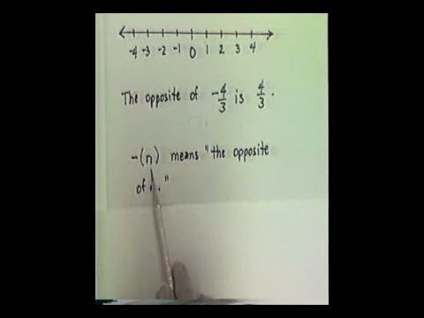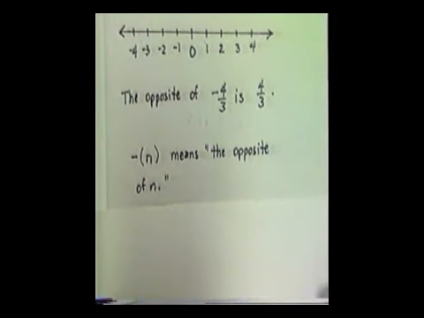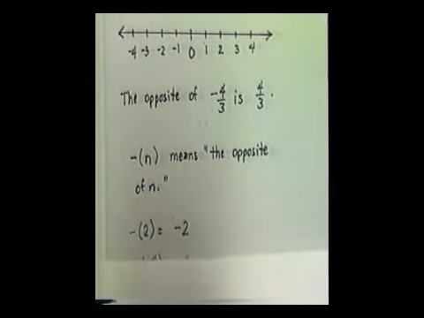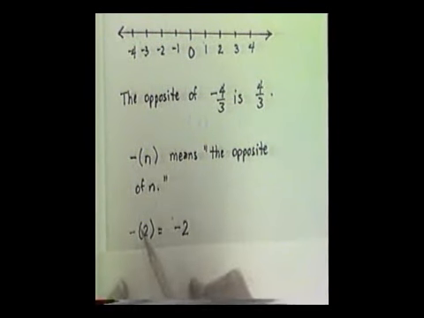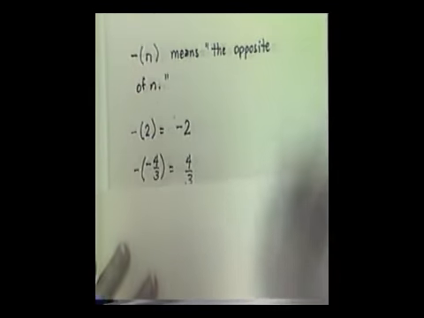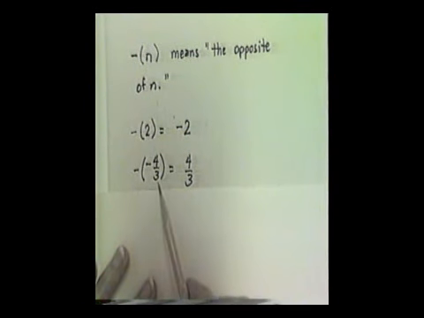The minus sign preceding the number means the opposite of the number. So if we want to write the 2 examples I've given you, we'd say the opposite of the number 2 is -2. And the opposite of the number -4/3 is 4/3.